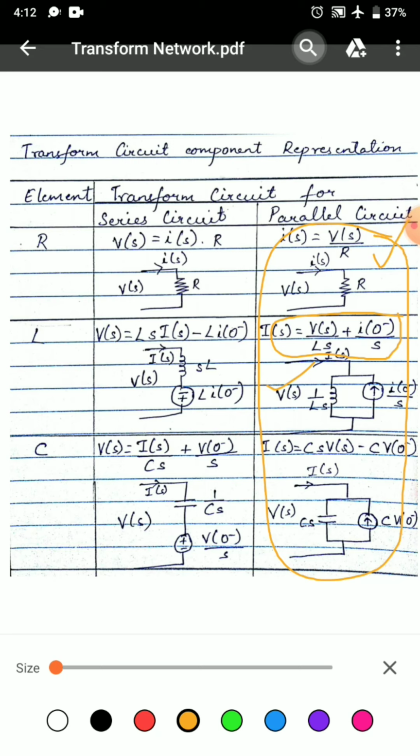And for a capacitor, we can write I of S is equal to C S V of S minus C V of 0 minus, with the circuit diagram shown here.